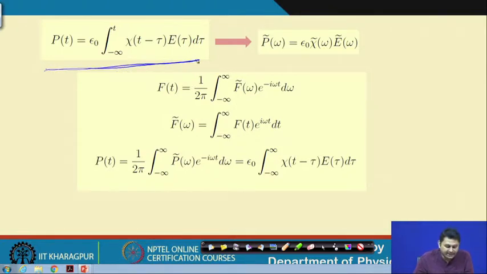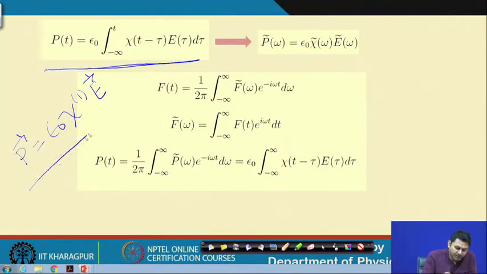So far we have been writing the expression P = ε0 χ1 E all the time. If I put the vector sign, fine, but I never mentioned what the function is. P is a function of t, E is a function of t.